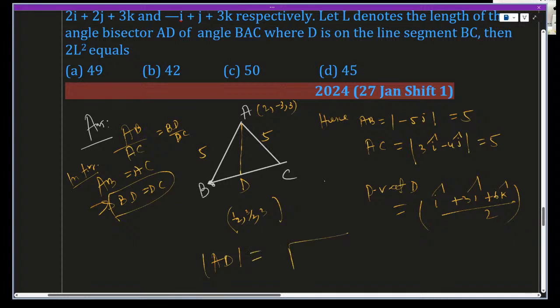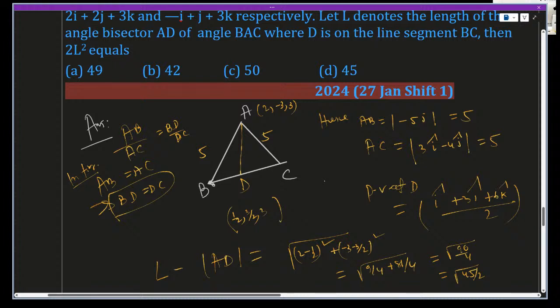Mod AD, so this is 9 by 4. This is L. So this is nothing but root 90 by 4.